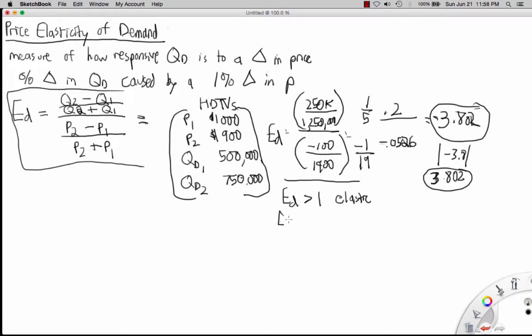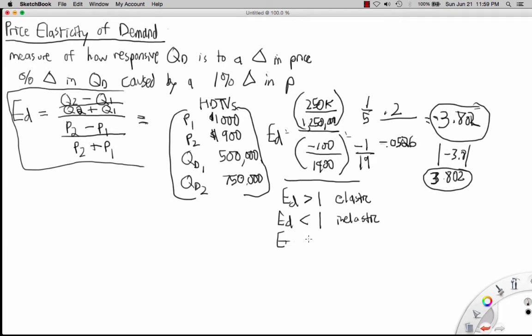So if you think of an elastic rubber band, the quantity demanded of an elastic good is very responsive to a change in price of it. Of course, the opposite scenario is an inelastic good, and that just means anytime price elasticity of demand is less than 1, that's inelastic, and of course that's just the opposite scenario.